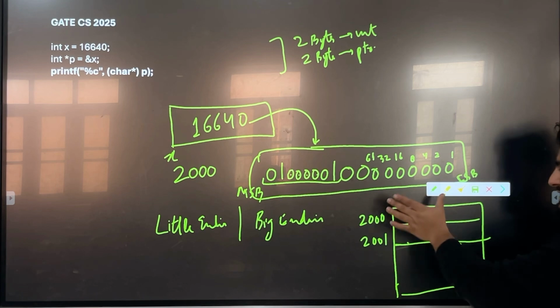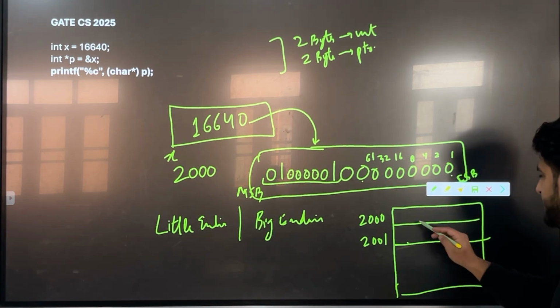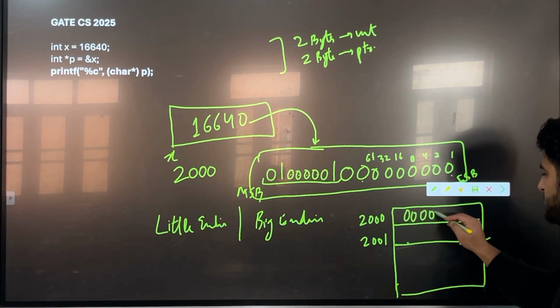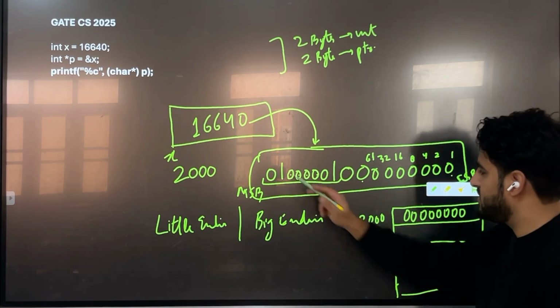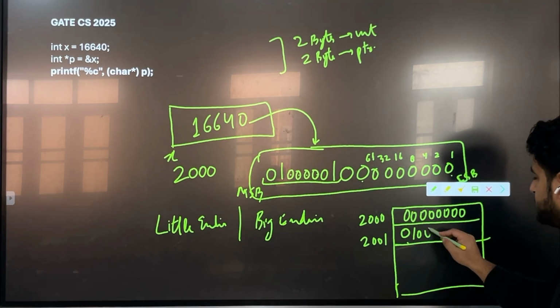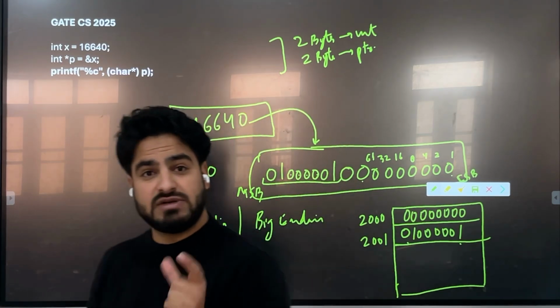So basically these 8 zeros will be stored here, and then the remaining bits would be stored at the subsequent address. This is how little endian operates.